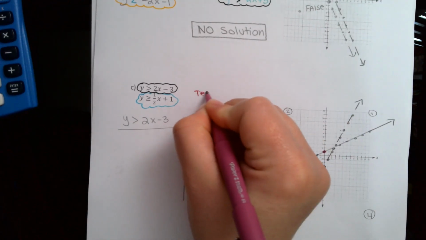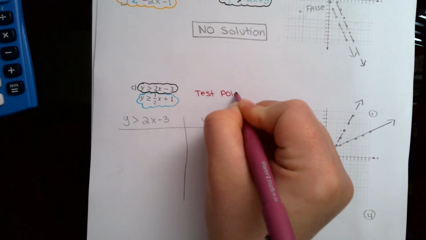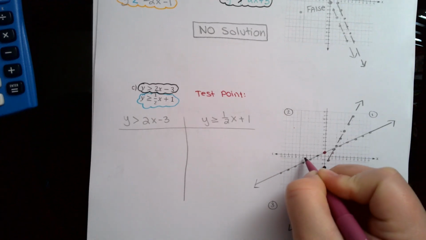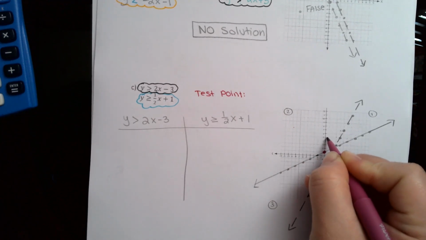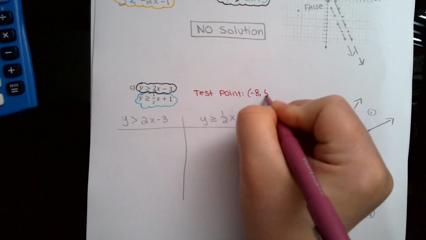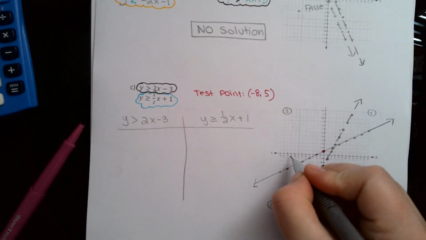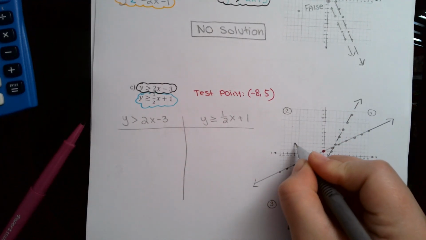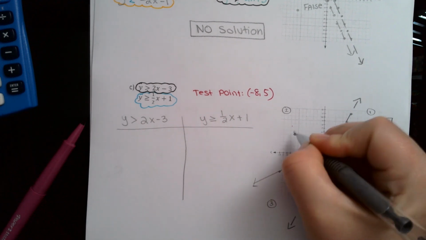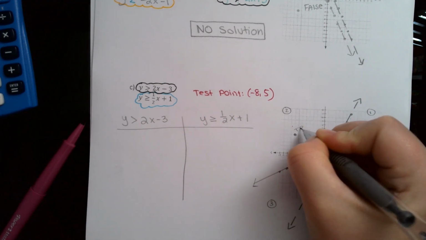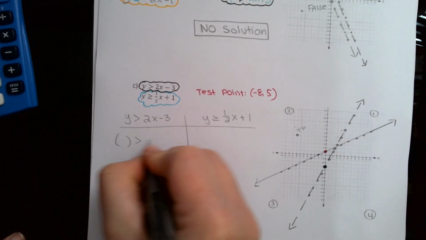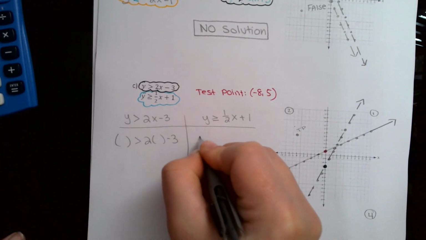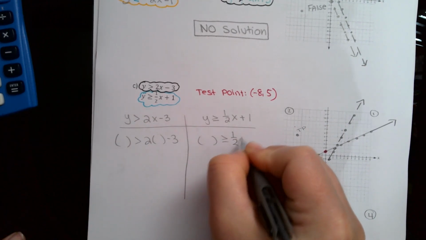So I'm going to create a testing point of, let's see, let's do -8 and 5. And again, this is a random testing point just because it's in that region. Plug it in for y and x.